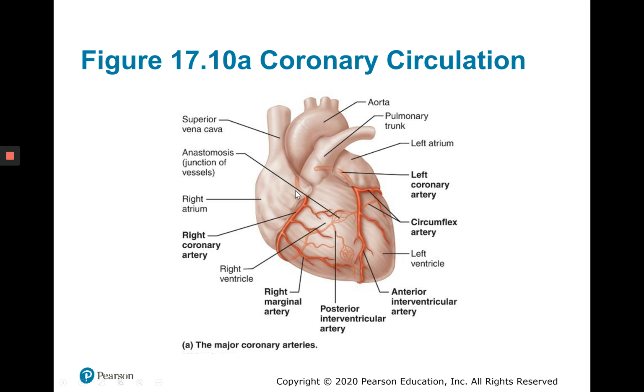Over here we have the right coronary artery, which splits into the right marginal artery. And then in the back it circumvents and goes all around the heart. And then we see this other split, the posterior interventricular artery.